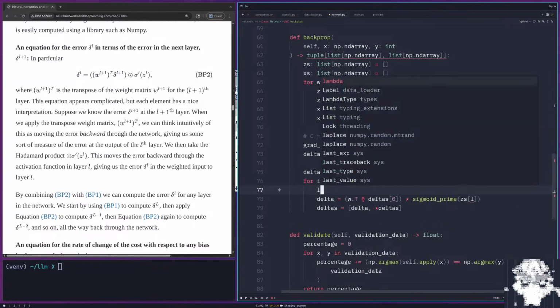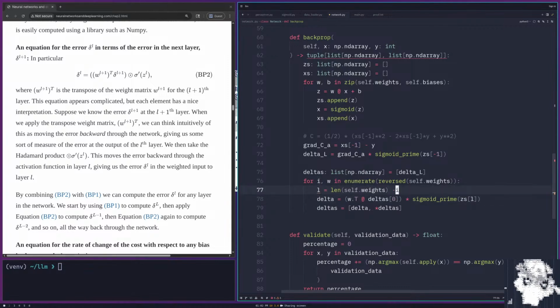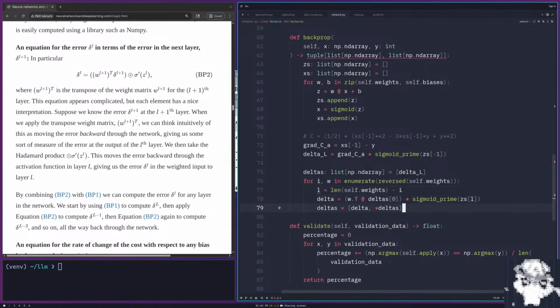Let's call that L. Yeah, that's it. That gives me all the deltas.